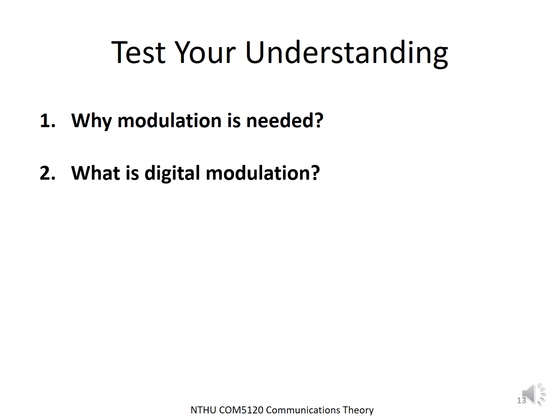On the other hand, analog modulation is to modulate the analog message onto the carrier. So the difference between digital modulation and analog modulation is that the message is digital. If the message you try to modulate onto the carrier is digital, then it's digital modulation. If it's an analog message, then it's analog modulation.